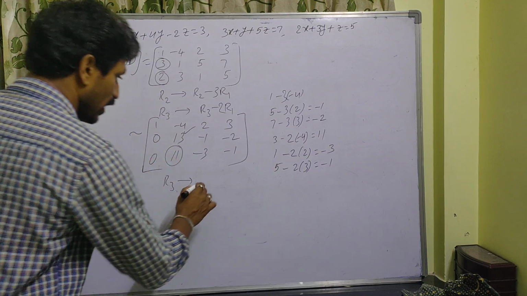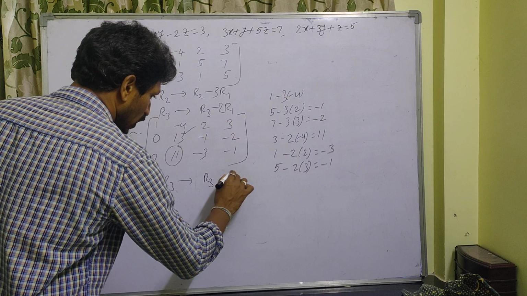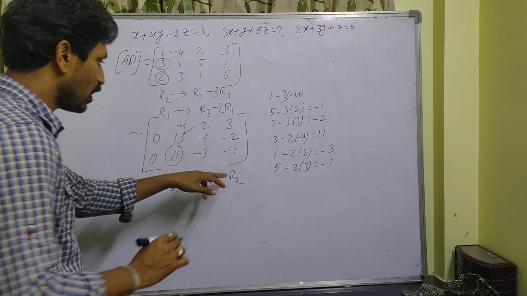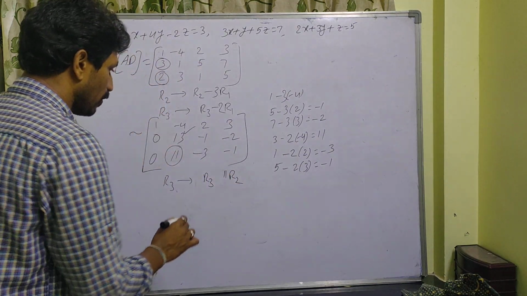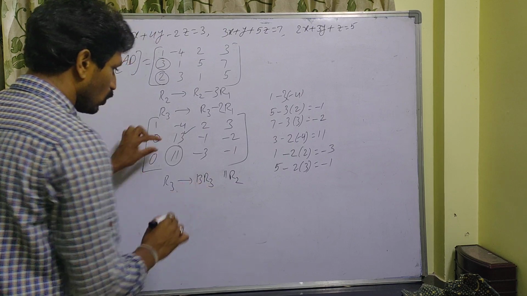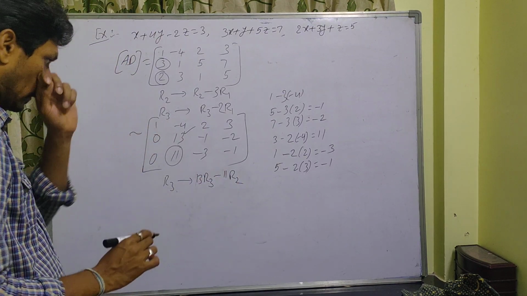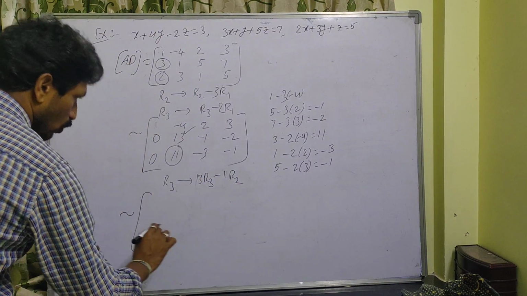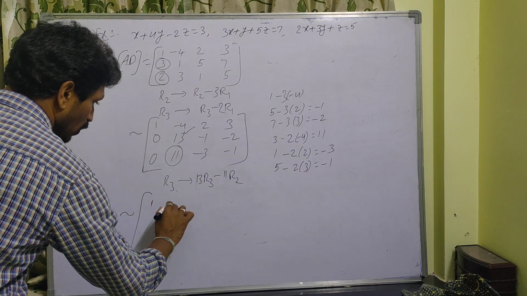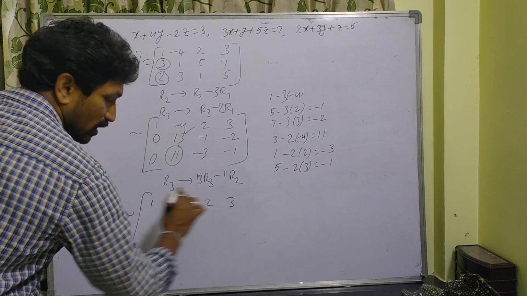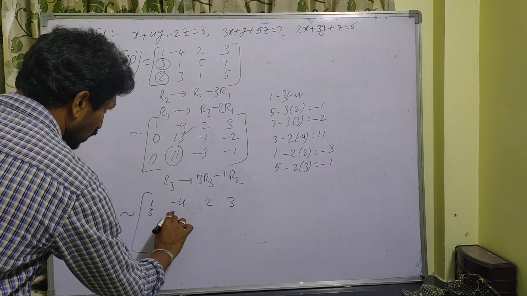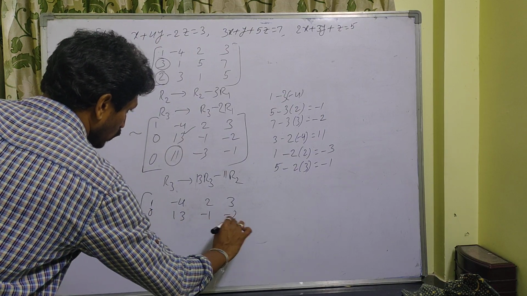So 11 multiplied to R3 and R2 you have to write. 11 multiplied to R2, 13 multiplied to R3. Both have the same sign, keep minus. Observe here, the first row is not going to change, write as it is, 1, 4, minus 2, 3. Second row also write as it is, 0, 13, minus 1, minus 2.